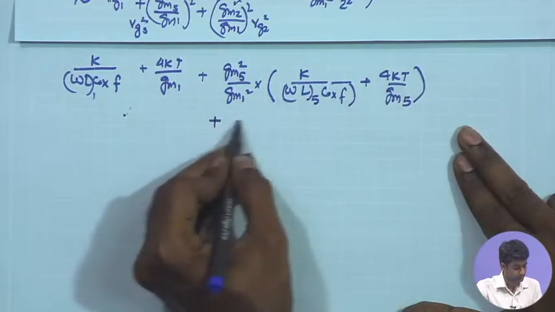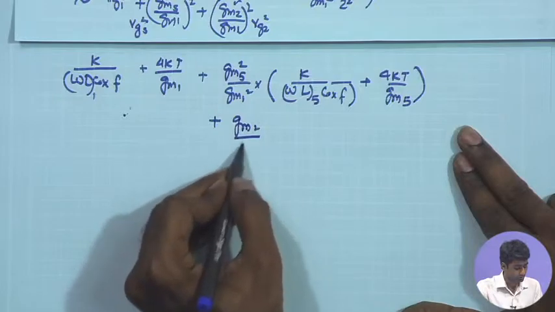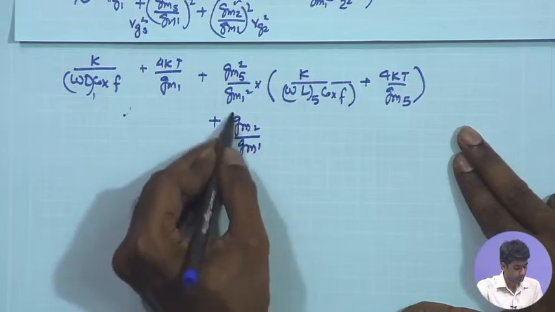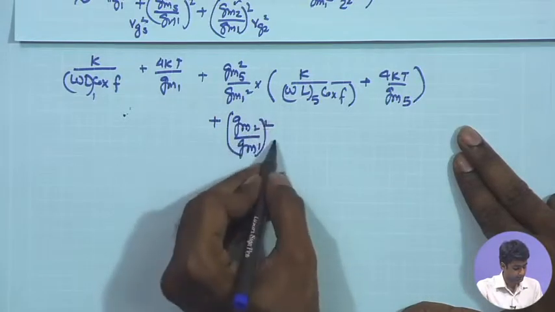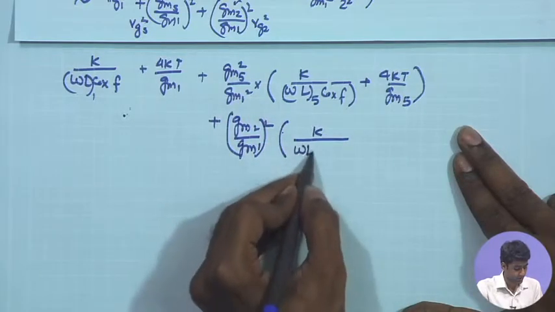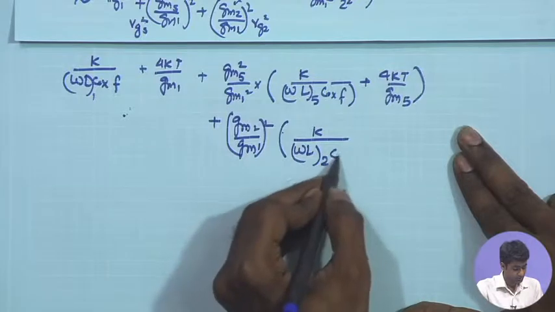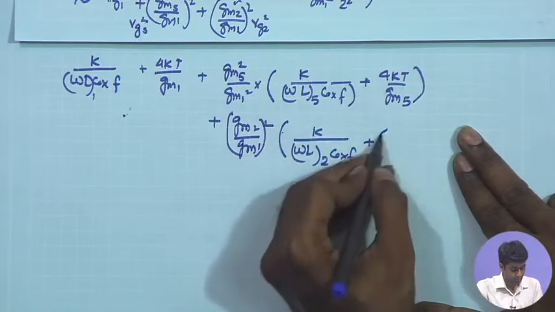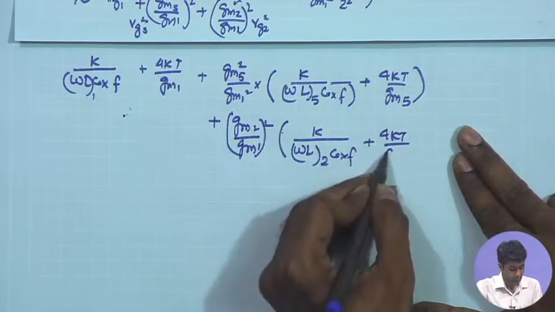And likewise you have the third term coming in, GM2 upon GM1 square times VG2 square, which is also having the same factor, which is K upon WL2 COXF plus 4 KT upon GM2.